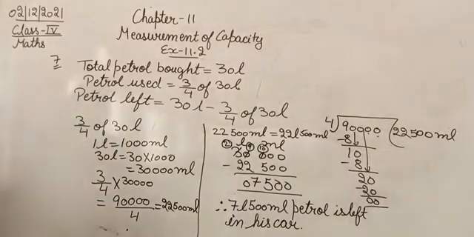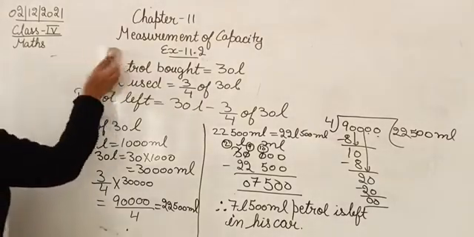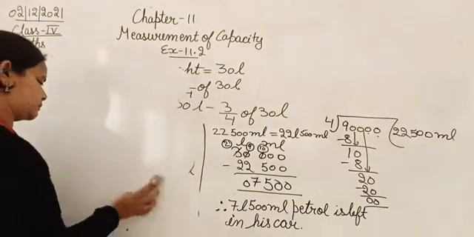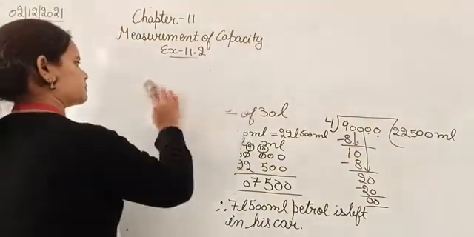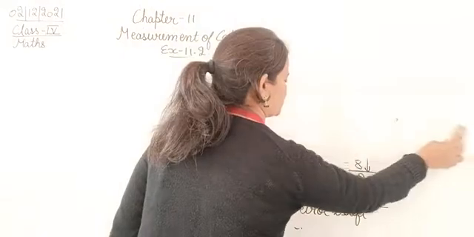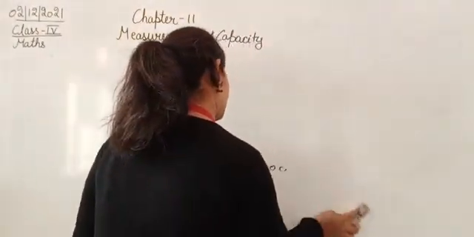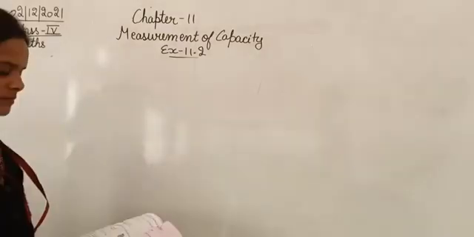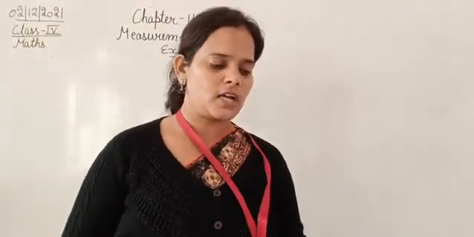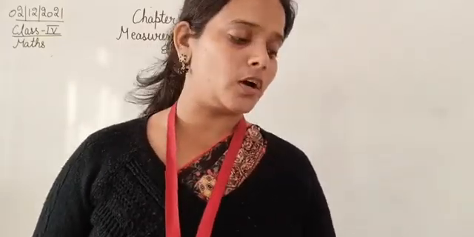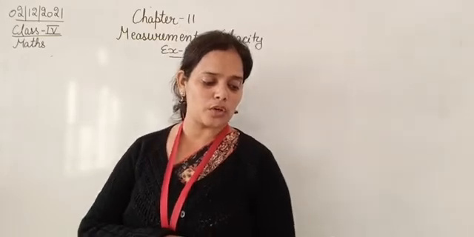Moving next to question number 8. The question number 8 is, a milk vendor sold 25 liter 500 milliliter milk on Monday and thrice of that amount on Tuesday.